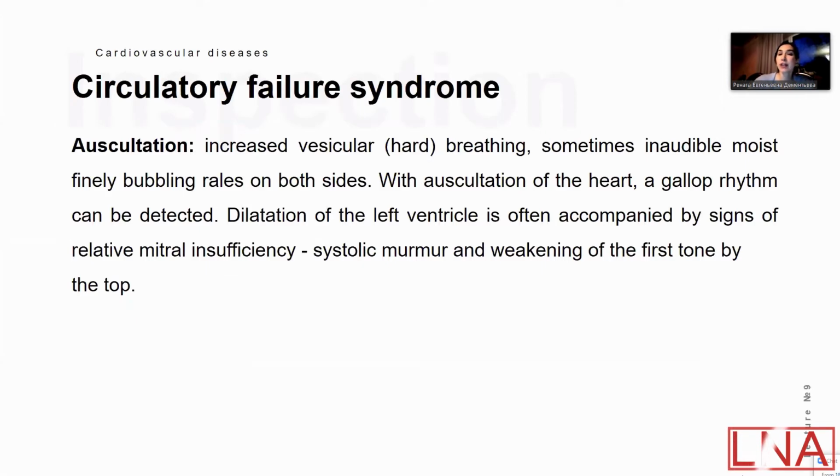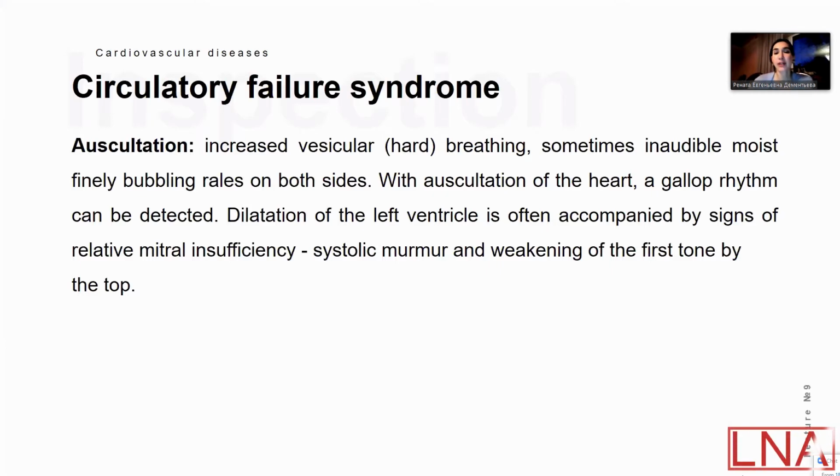During auscultation of the lungs, increased vesicular breathing or hard breathing is detected, sometimes inaudible moist fine bubbling rales from both sides. With auscultation of the heart, we can identify a gallop rhythm, which is a sign of heart failure, consisting of attenuation of the first tone and formation of an additional third tone.